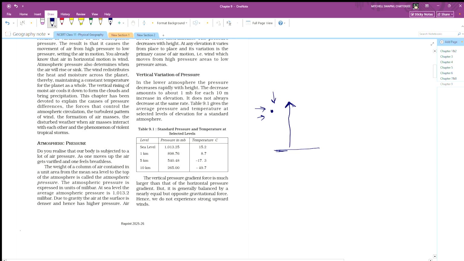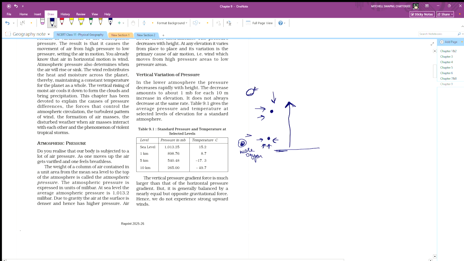The pressure we feel here will be different from the pressure we feel here, since the air is much denser in this area. Hence we will feel more air pressure. More air pressure means more oxygen per unit area of air.